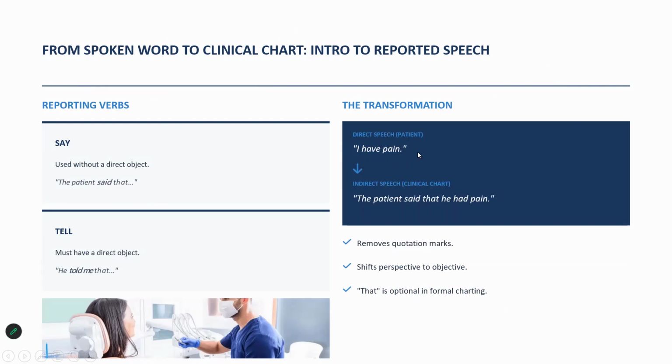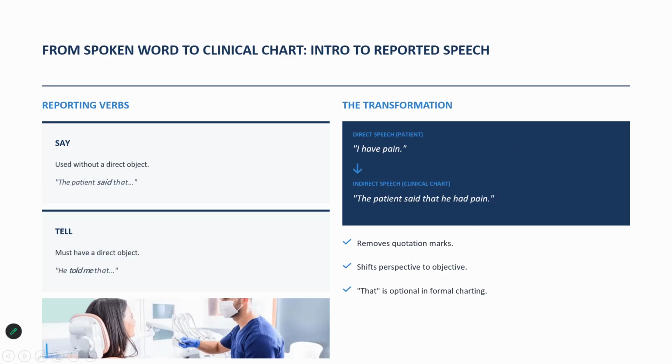This is your patient talking to you. You, as you write or you share the information with your colleague, will share what the patient said. The patient said that, in this case, he had pain. Notice the transformations. No quotation marks, shift in perspective for the nouns, for the time expressions, and for the pronouns.